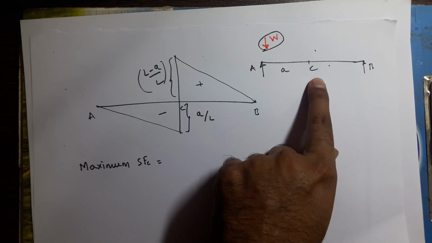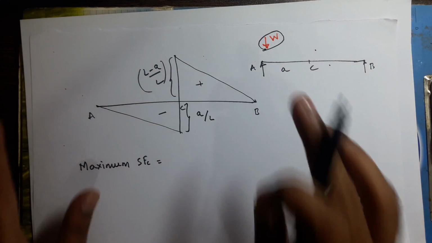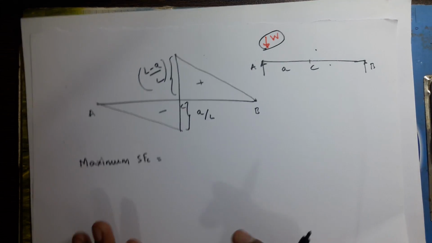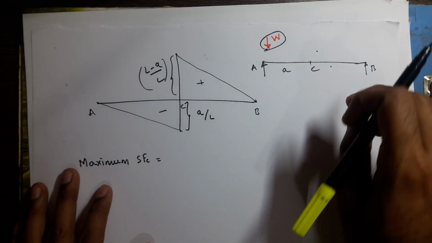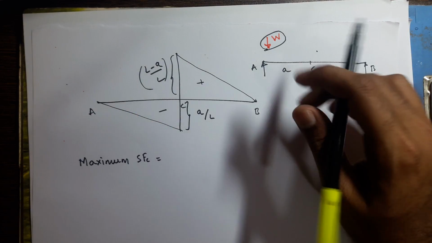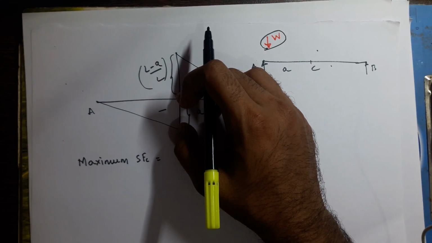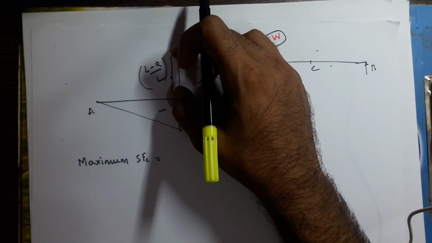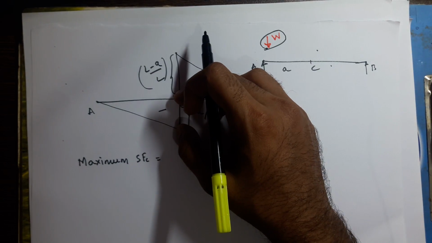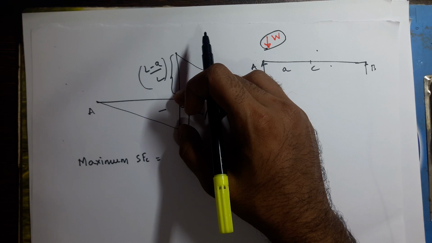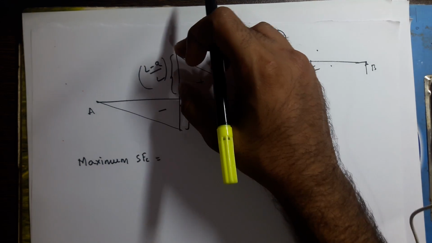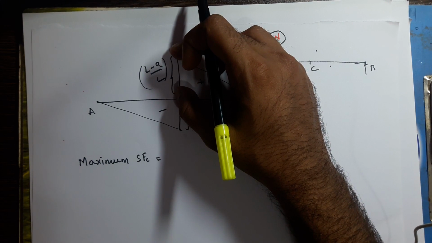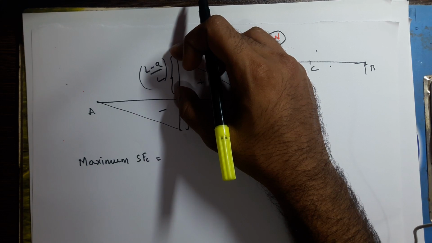For that you have to draw the influence line diagram. When you draw the influence line diagram for shear force at C, you are getting a negative influence line diagram and a positive influence line diagram. Here you are having maximum negative ordinate, and here you are having maximum positive ordinate.